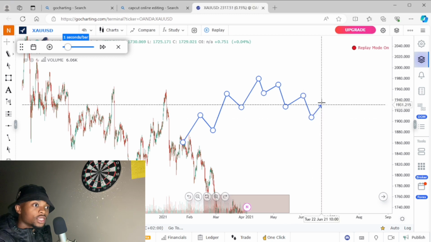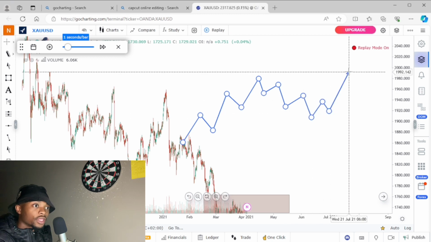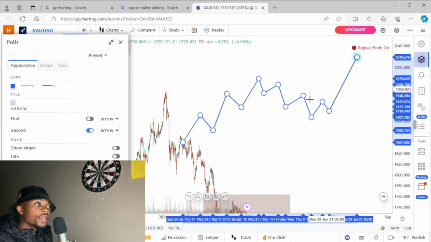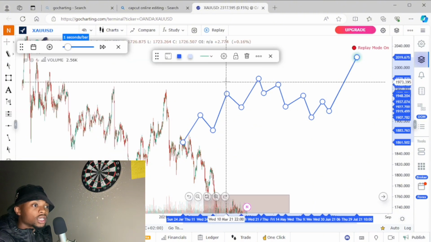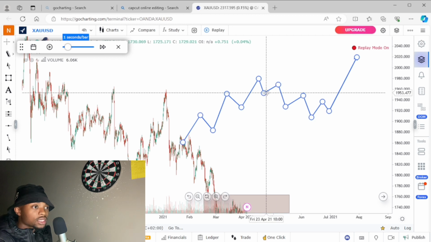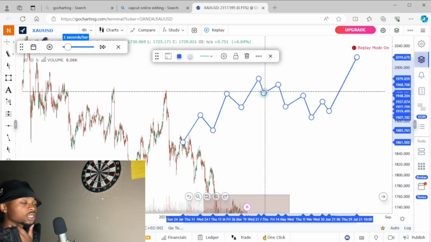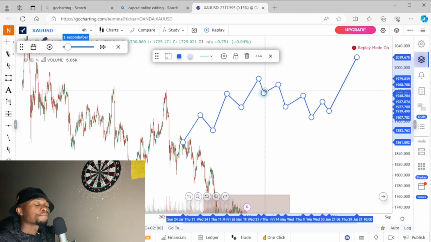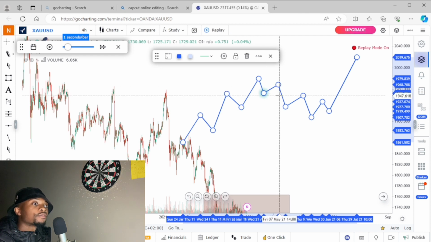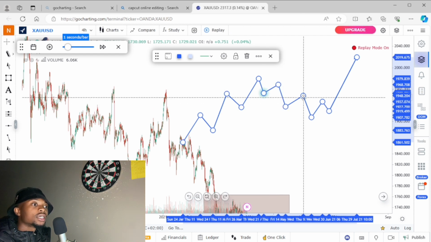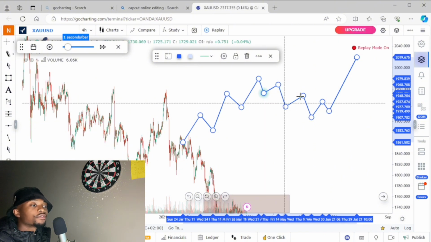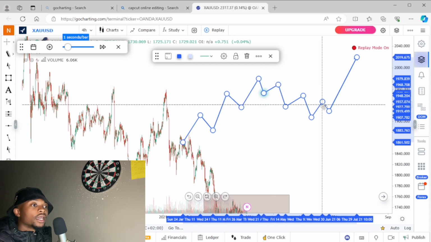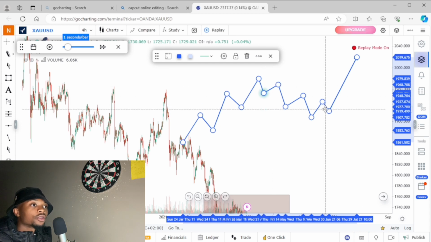When we get to these correctional phases before this breakout, it's very, very crucial for you to be able to spot reversal patterns, because a lot of traders, especially beginner traders, fall for these short sells and think that it's the market changing direction and going for a sell, only to find out that the market is going to break structure and continue buying.